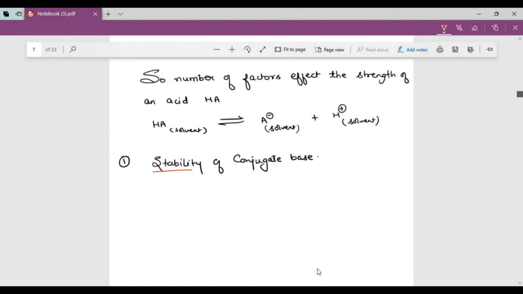First is stability of the conjugate base. This is the conjugate base.